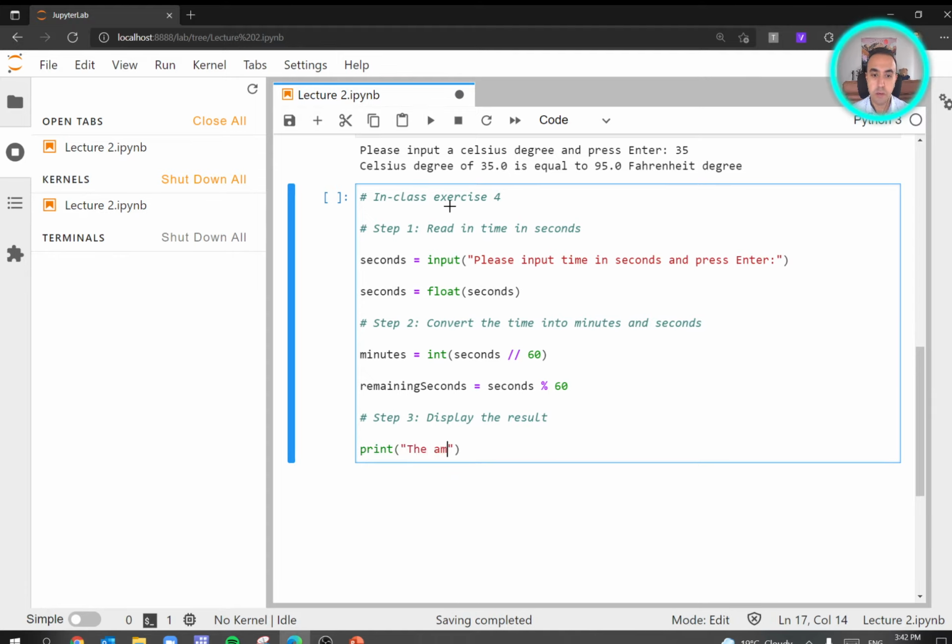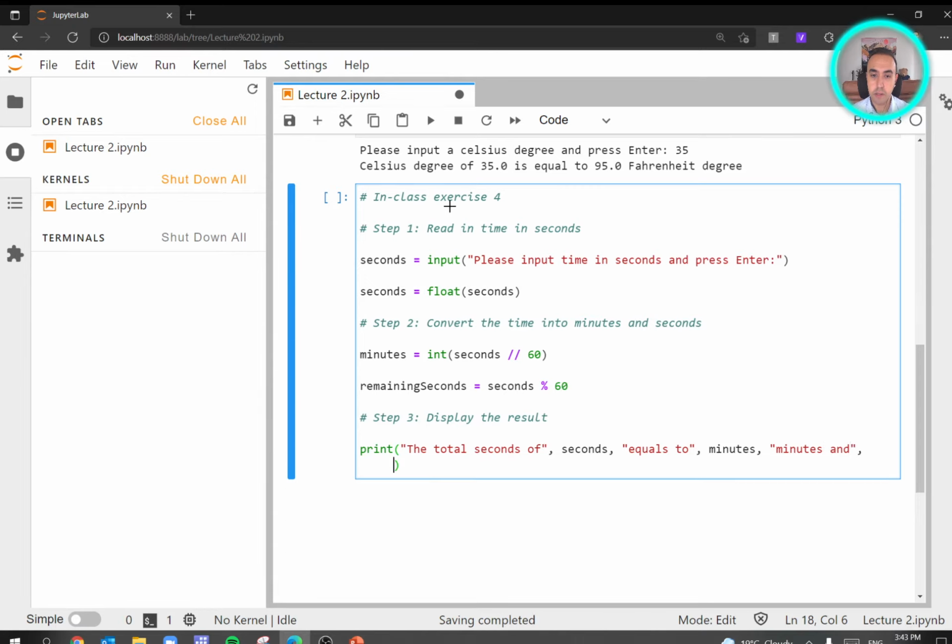So the total seconds, let's say this would be the seconds, equals total seconds of, for instance, 200, equals 3 minutes, and here I have 20 remaining seconds, right?